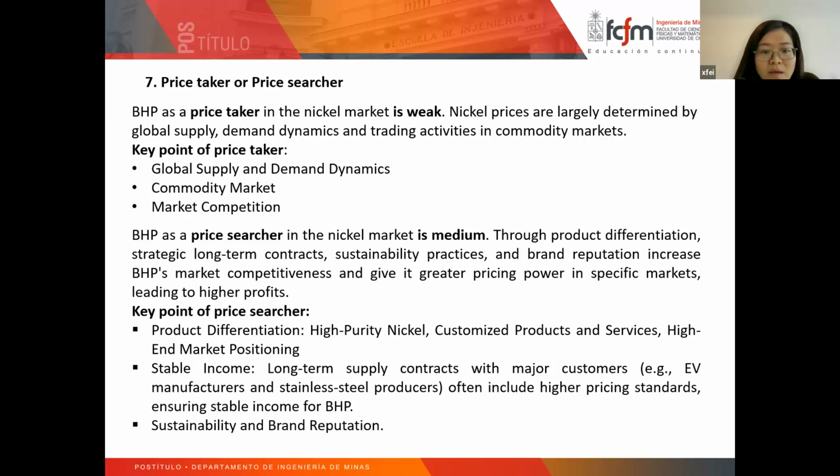The last one, sustainability and brand reputation. BHP's strict environmental measures and sustainability practices enhance its brand reputation, allowing its nickel products to fetch a premium in the market.